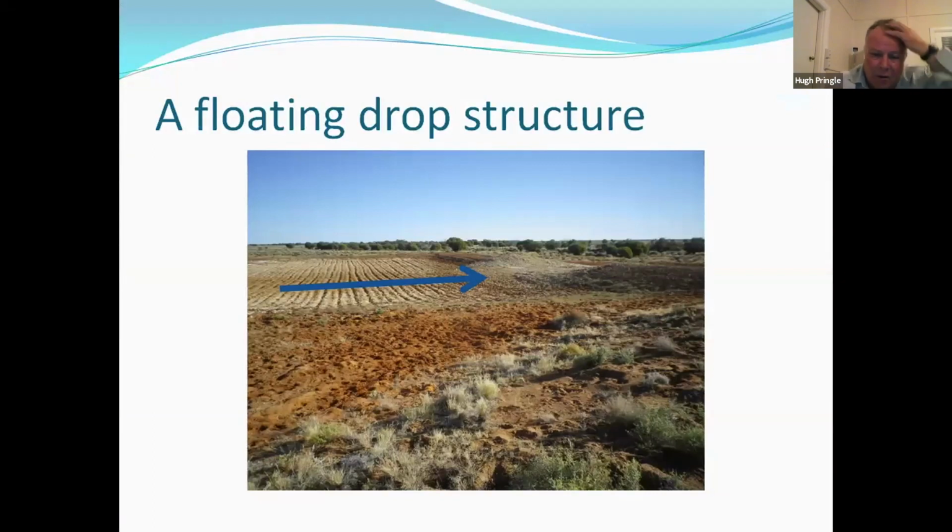Elsewhere, this is near Udnadada. We've put a floating drop structure in. Floating as in we've put geotextile underneath in a trench and then built that structure, which also has geotextile armored with crushed limestone, and essentially re-raised the base level back to natural height.